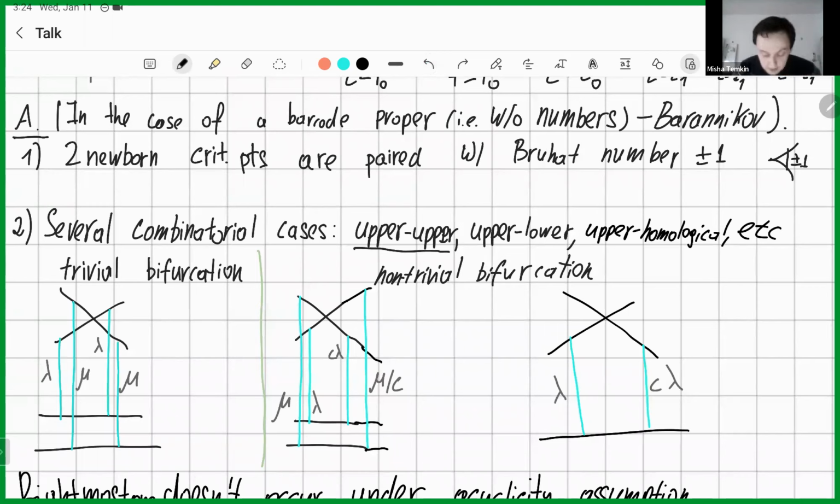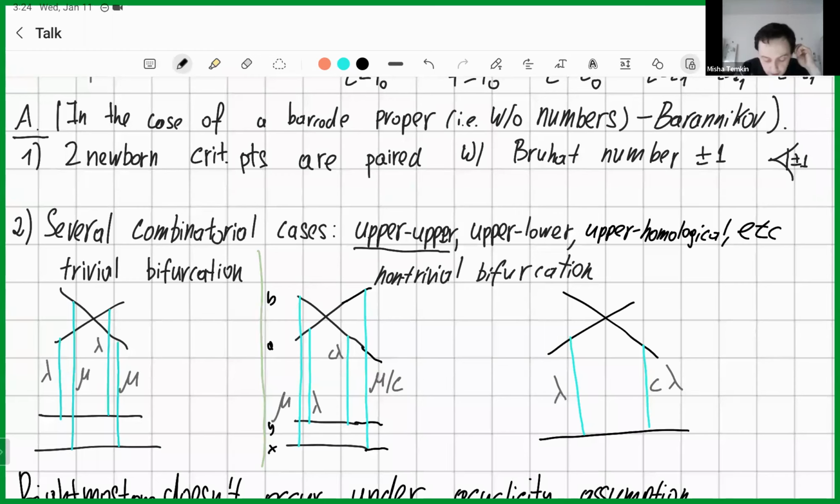And then there's a non-trivial bifurcation where the pairing changes. So for example, here. Let me say x, y, a, b. Before the bifurcation, the point a was paired with point y.